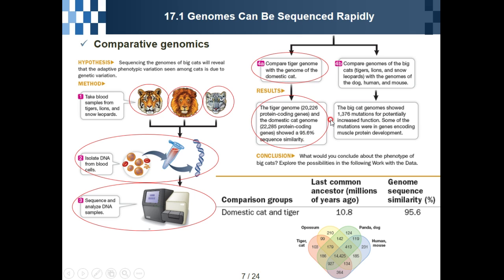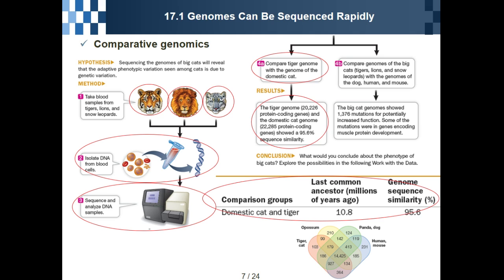After that, they found 95.6% similarity, more than 95%. Based on this value, they predicted that the last common ancestor of the domestic cat and tiger lived 10.8 million years ago. So it means that there was a common ancestor.